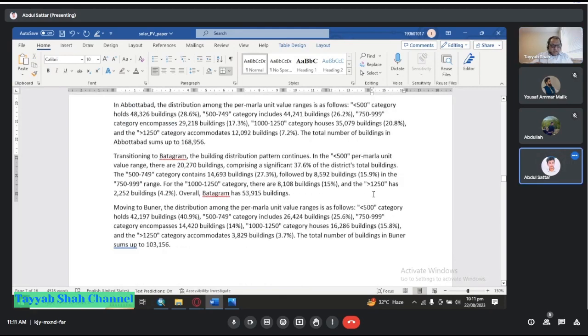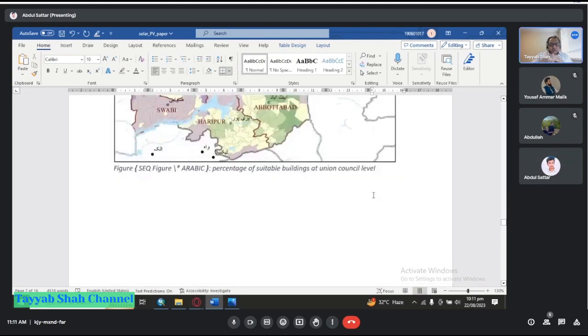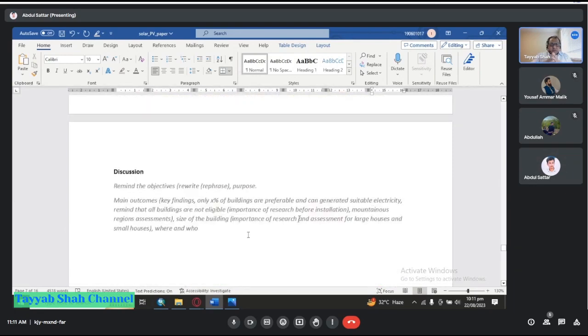This is the way you give a snapshot of who actually is eligible, like 32% or 34% of the total buildings, and how those buildings are distributed by size.